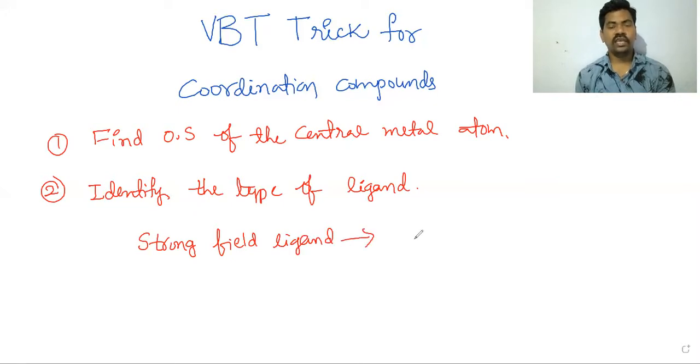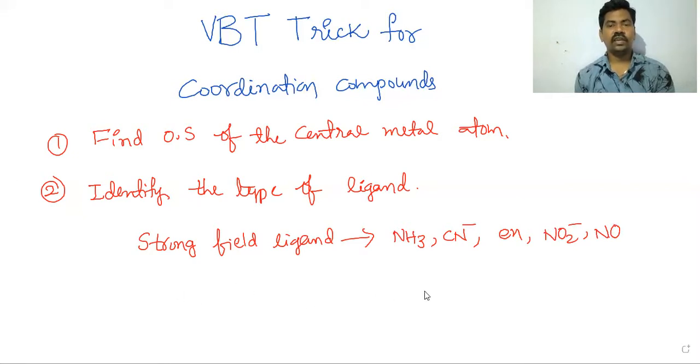Strong field ligands, examples: NH3 ammonia, cyanide ion CN minus, ethylene diamine en, NO2 minus, and nitrosyl NO. These are all examples of strong field ligands.